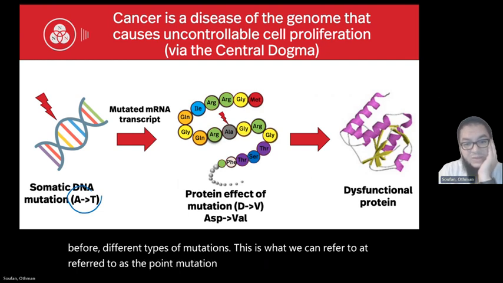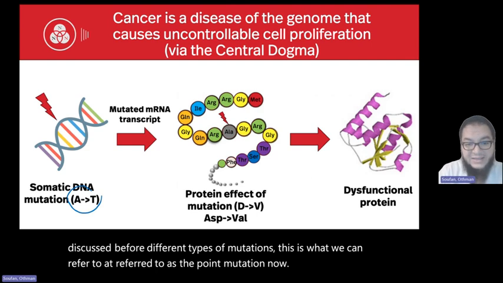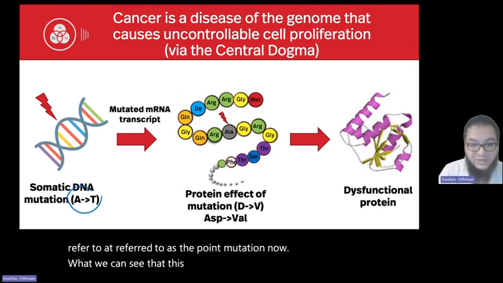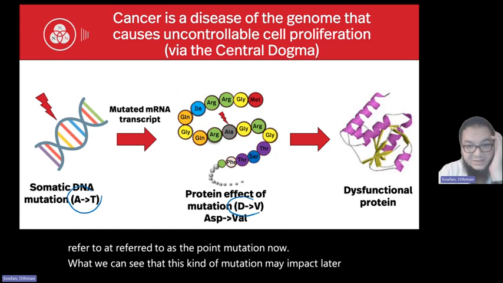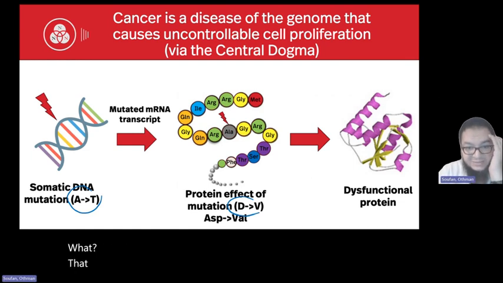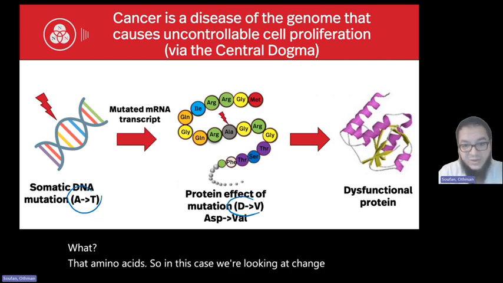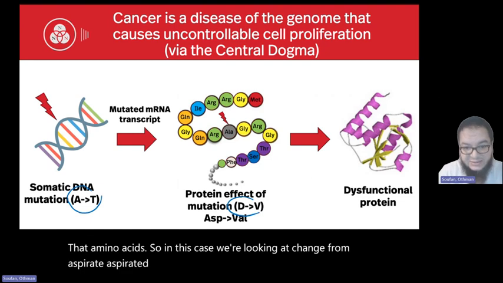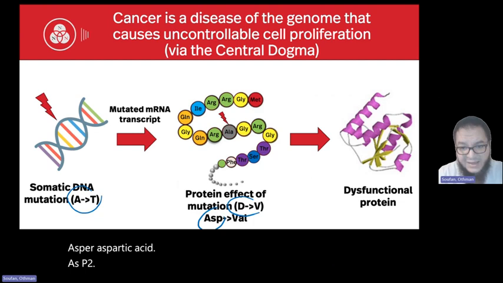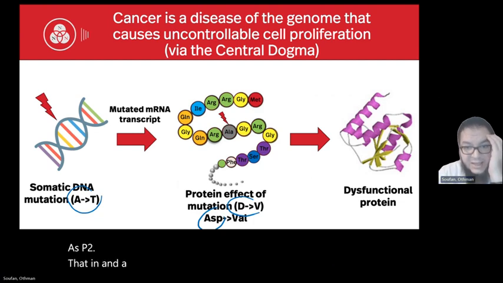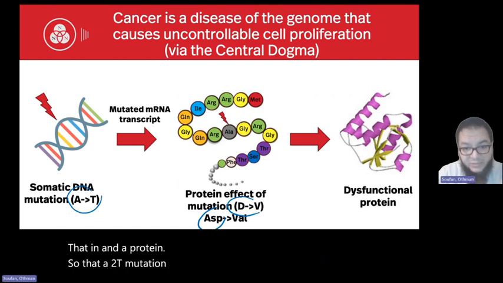Now, what we can see is that this kind of mutation may impact later what? The amino acids. So in this case, we're looking at a change from aspartic acid, ASP, to valine in a protein. So that A to T mutation would lead to this change.